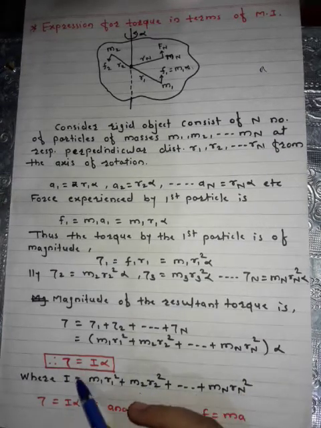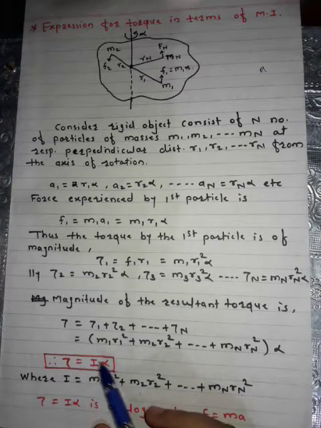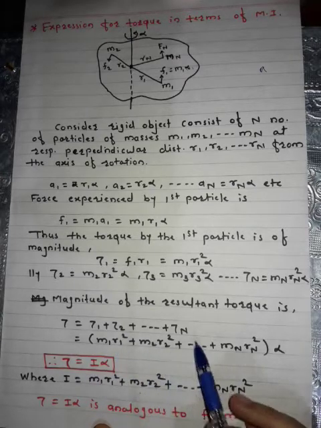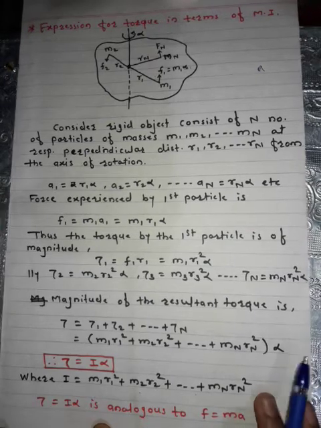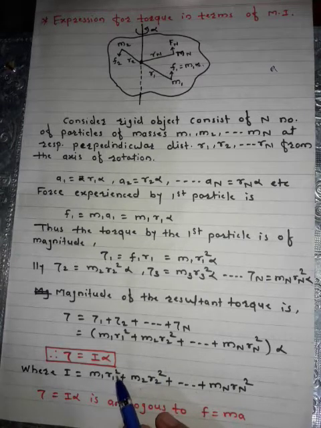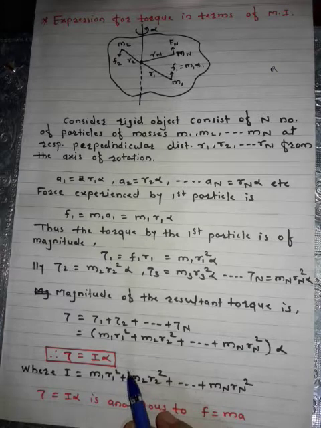Therefore τ is equal to I into alpha, where I is equal to m1 r1 square plus m2 r2 square plus mn rn square. This is the moment of inertia. This is the expression for torque in terms of moment of inertia.